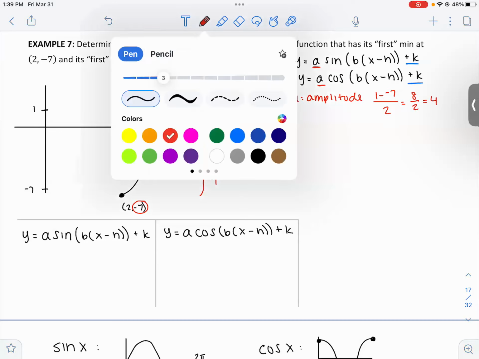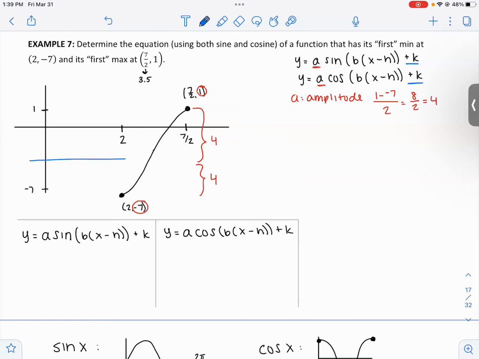And if that's the case, that means my midline, or that vertical shift, is going to fall right in the middle somewhere. So it's going to fall exactly 4 units away from 1 and exactly 4 units away from -7. So in this case, it will exist at -3. So my vertical shift is going to be k equals -3.